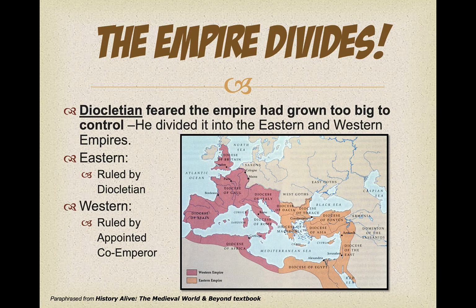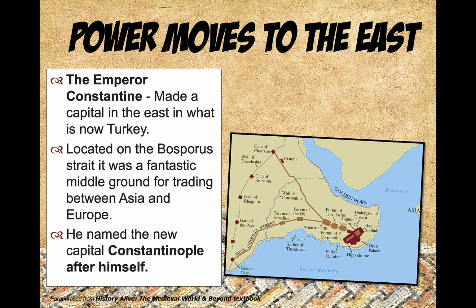So also what ends up happening is, because it had grown so huge, Diocletian, who was one of the emperors, was so afraid that it was too big. So he divided it into the Eastern and Western empires. So the Eastern Roman Empire was ruled by Diocletian, and the Western Roman Empire was ruled by an appointed co-emperor.